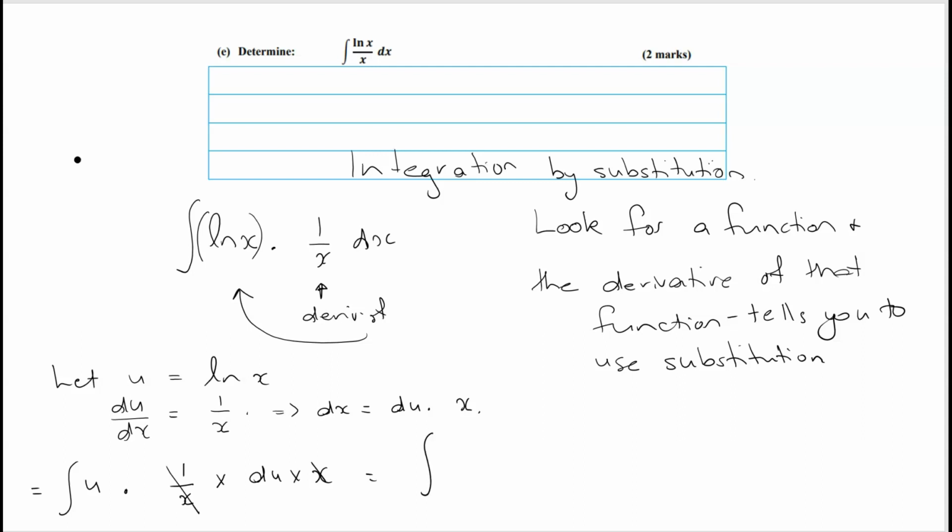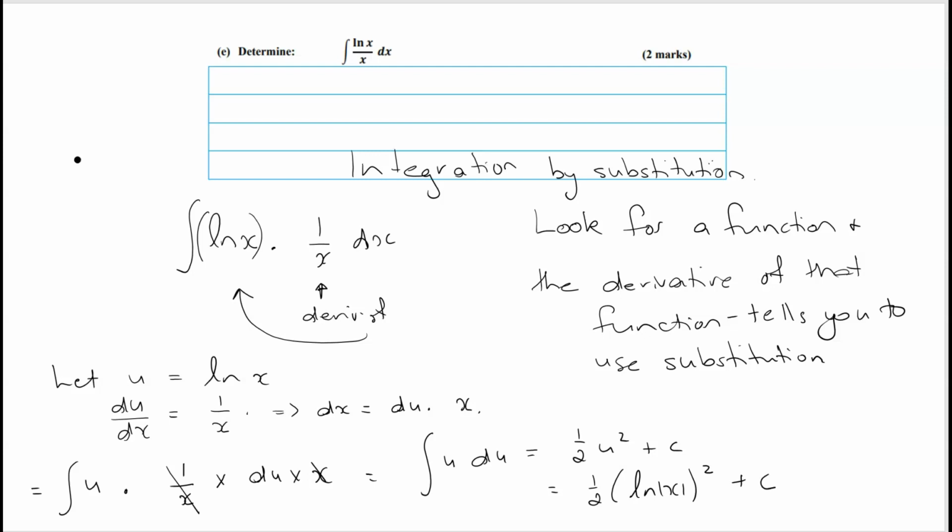So now we have the integral of u du, which is easy enough to find using the normal rule. That would be a half u squared plus c. We need to backwardly fill it. That will be a half natural log of x squared plus c.